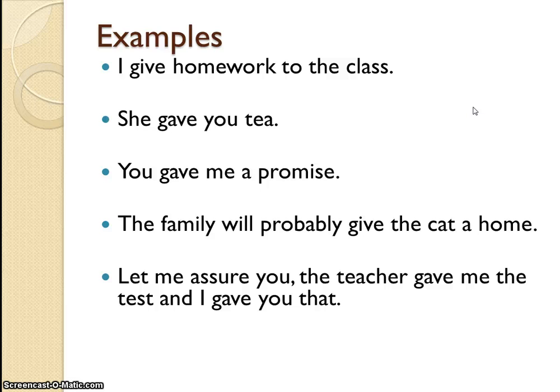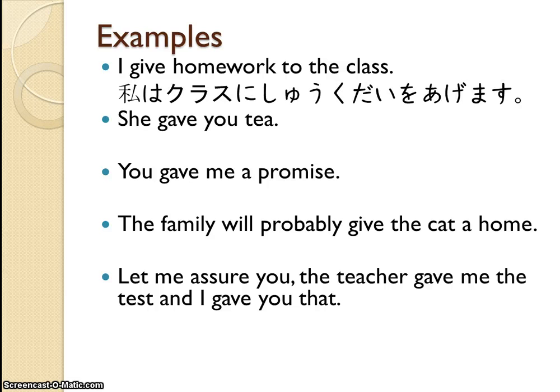I give homework to the class. It is I, and it's moving toward the class, so it's others, so you would be using ageru. 私はクラスに宿題をあげます。Here's the next one. She gave you tea. She would be one of the outer ones, and it's going to you. So the movement is going inward.